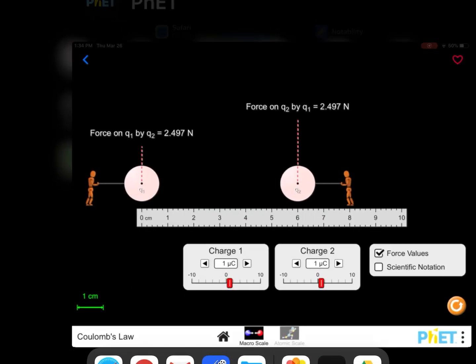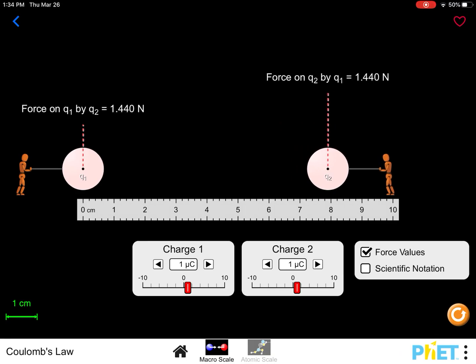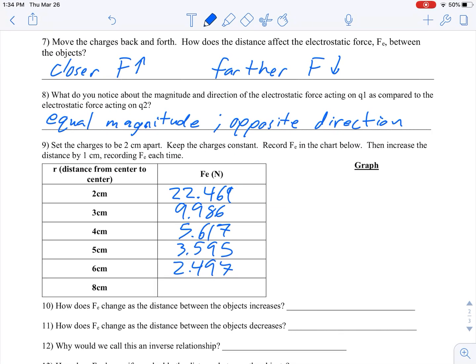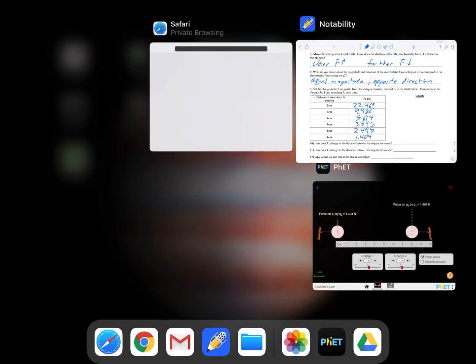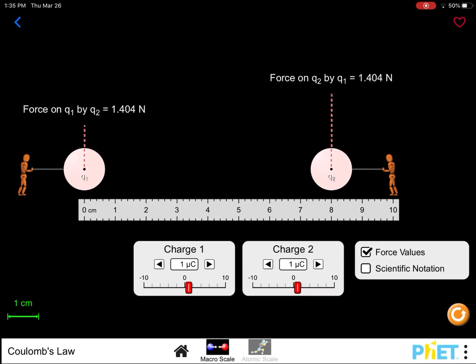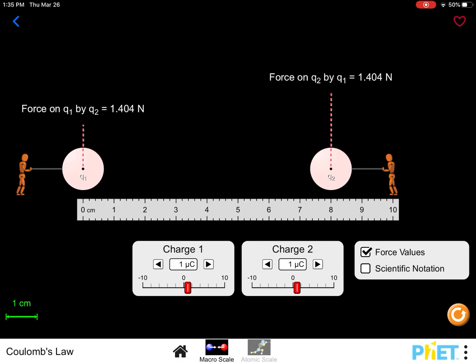And if we go all the way to 8, we're skipping 1. 1.404. All right. So just double checking all this, but it looks good.